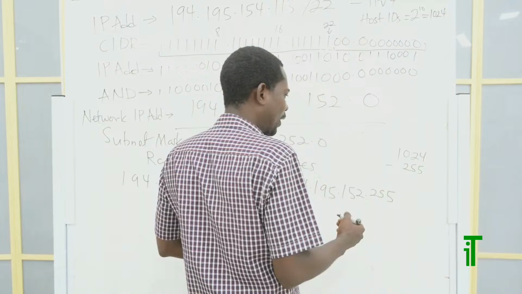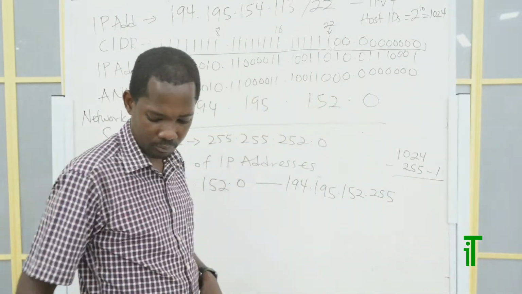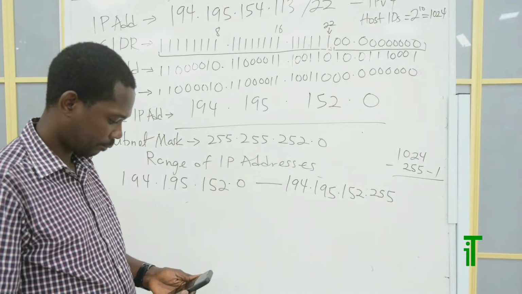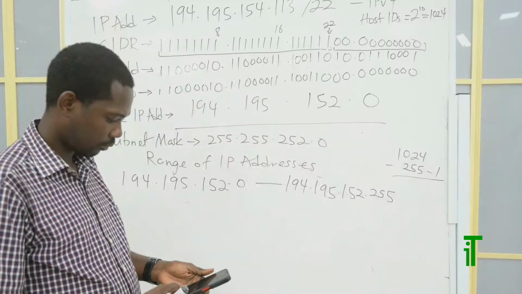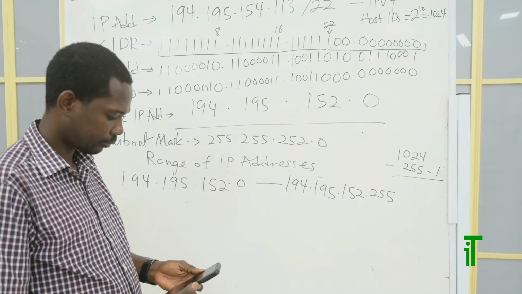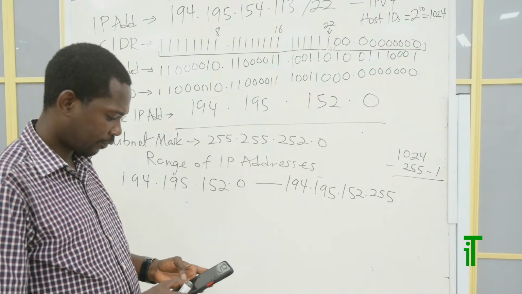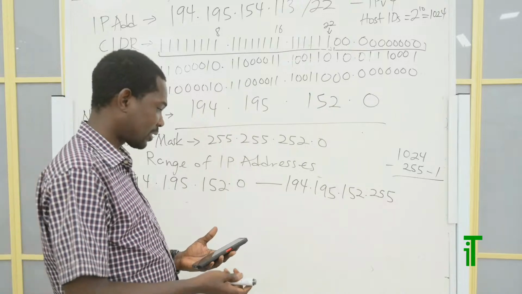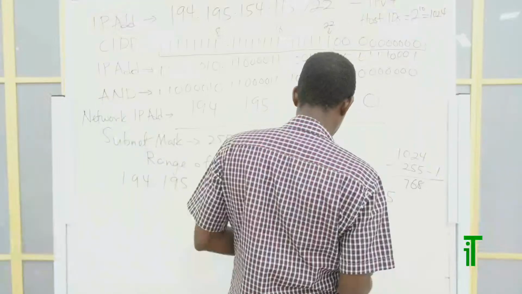And when we remove 255, we have to still remove 1, and it will remain 768.